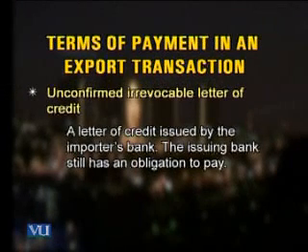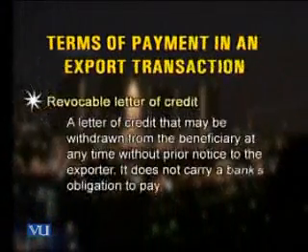But if it is an unconfirmed irrevocable letter of credit, that means the importer has given documents to his bank, but his bank in that foreign country has directly sent those documents to the exporter. So no bank is involved in the exporter's country. There is a little bit of risk for the exporter, but it also reduces the costs.